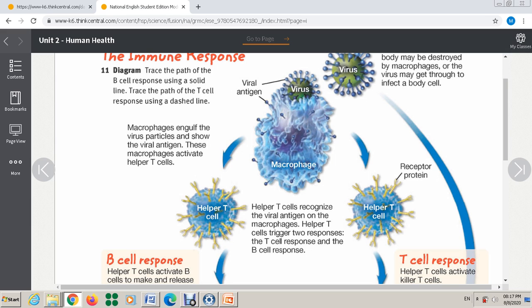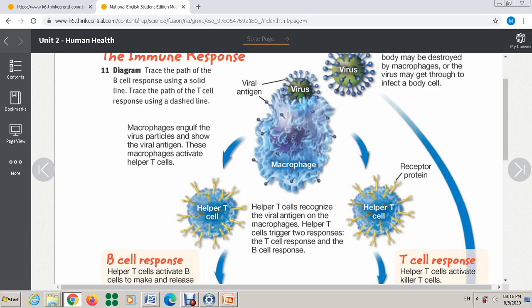The receptor, which is a protein on the body of the helper T cell, will detect this viral antigen on the body of the macrophage. So the helper T cell recognizes the viral antigen on the macrophage.